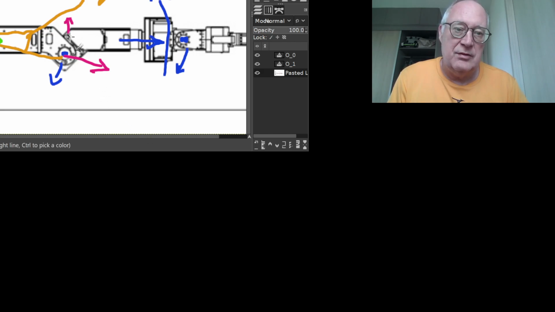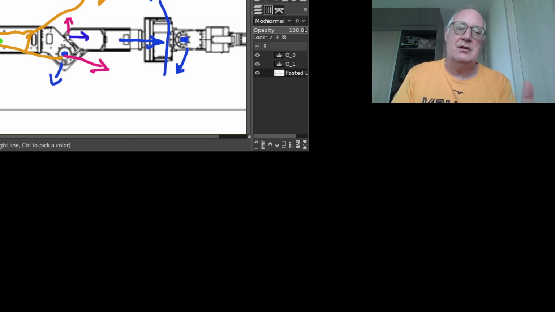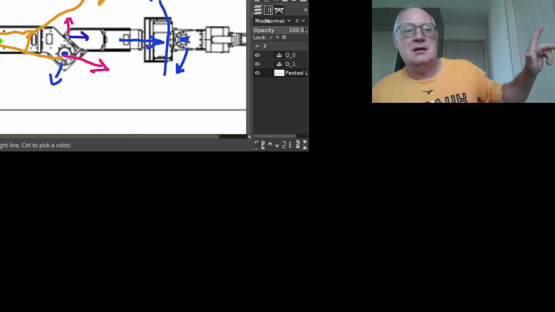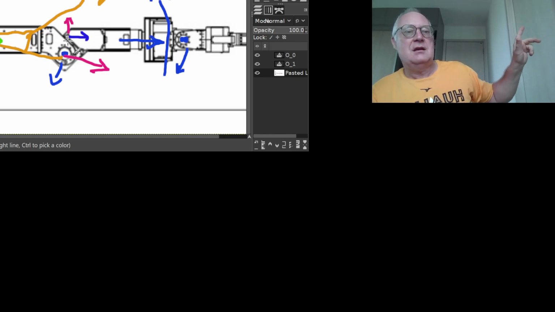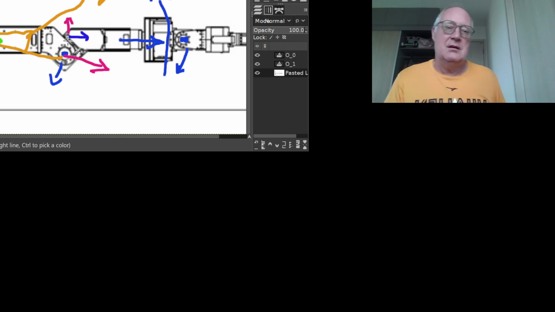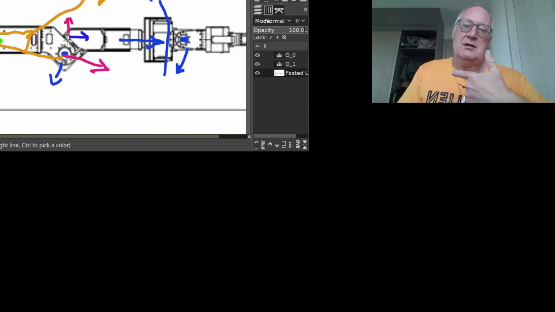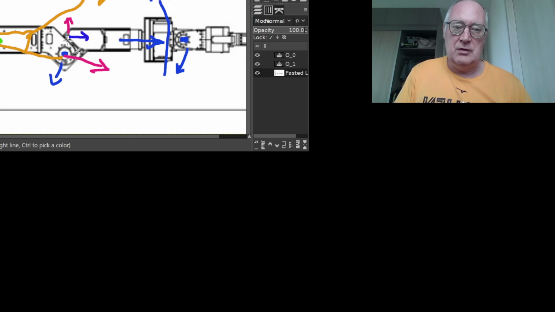So that means we align here, and then x and z. Oh my god. X and Z this way, so Y should be pointing forward.